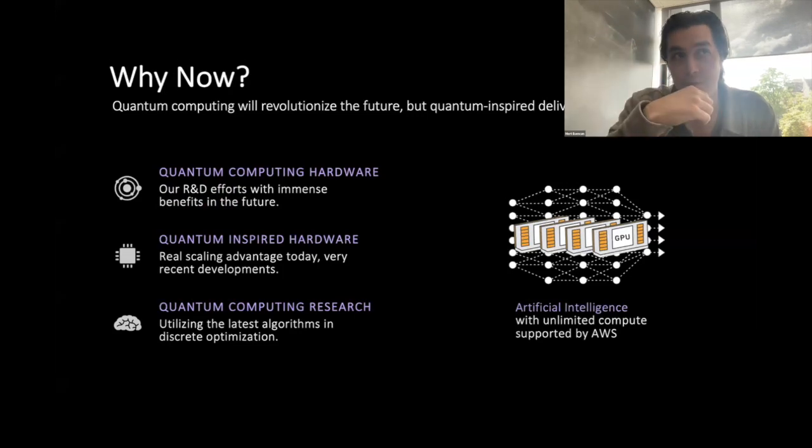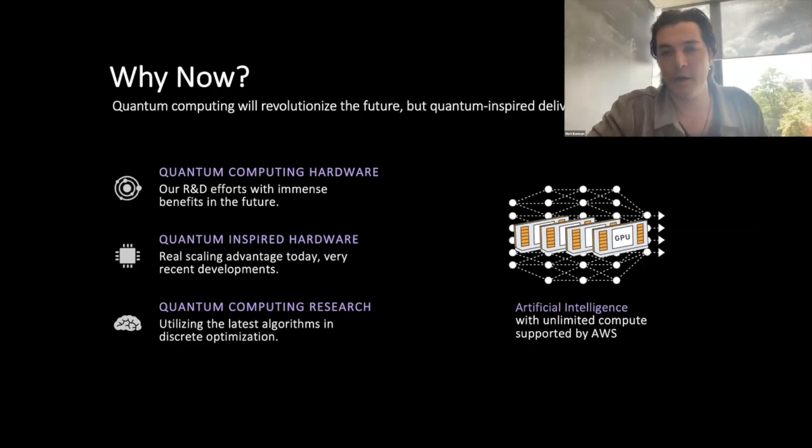I'm not going to talk too much about this, but one key difference between quantum computers and quantum computing research is that quantum computers are right now just on hardware, and they are not available today. They are available in the sense that you can do experiments on them for research purposes, but unfortunately, there's not much we can do with them today that is practically relevant because they're still a developing technology.